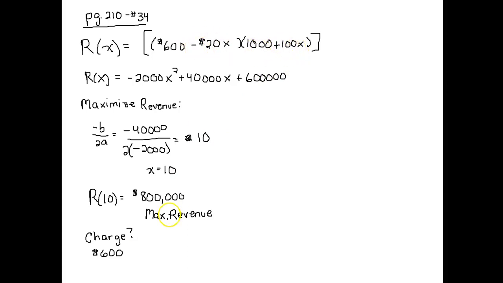So it's going to have to go down by $20 for each of those 10 groups of 100. So they need to charge $400 to maximize revenue. So for each one they sell, they'll charge $400. That will maximize how much money they'll bring in. If they charge more than that, or if they charge less than that, they won't bring in as much revenue. They won't bring in that $800,000.